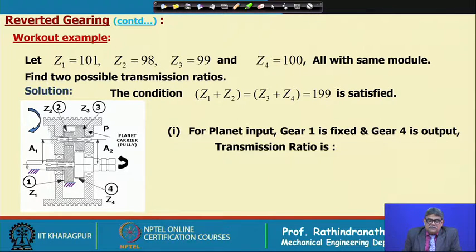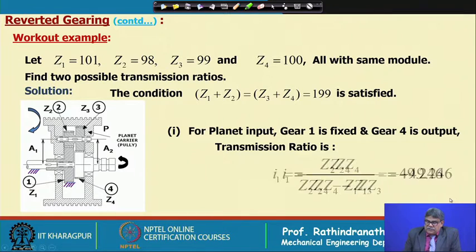Now, here Z1 plus Z2 is equal to Z3 plus Z4, 199 is satisfied. That means physically it is possible. So, for the planet input, that means the input is this pulley, gear 1 is fixed and gear 4 is output.